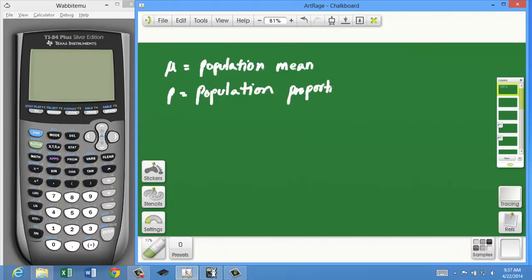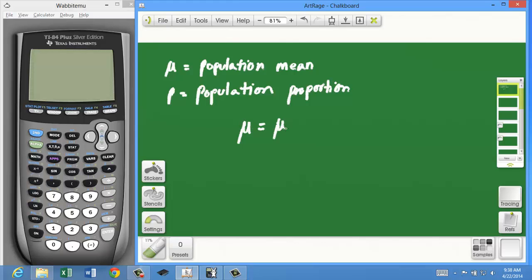But what sort of claim could we make? Both mu as well as p are numbers. So when it comes to numbers, there are only a few possibilities of claims that we can make. So let's just take mu for instance. Since mu is a number, I can claim that the population mean is equal to another number.